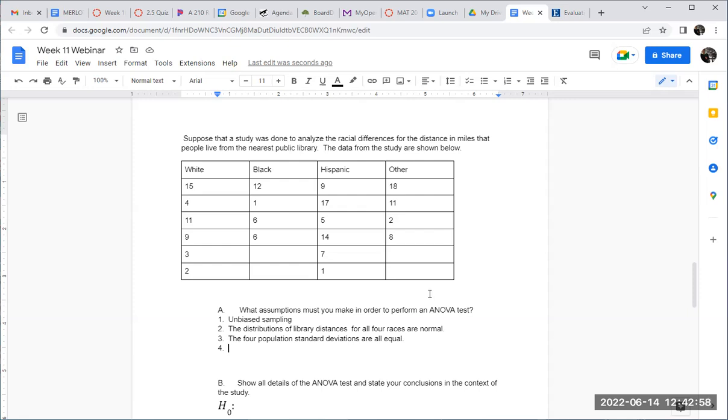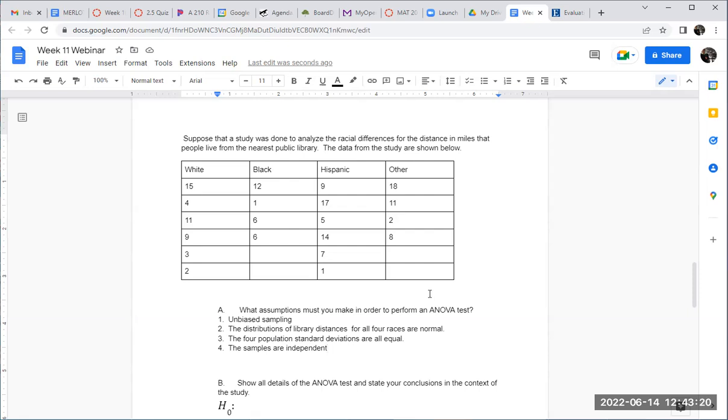The samples are independent. Yeah, so samples are independent. In this case, what if all these people live in the same area? Would they still be considered independent? Yeah, this is one of those where it's almost certainly independent.